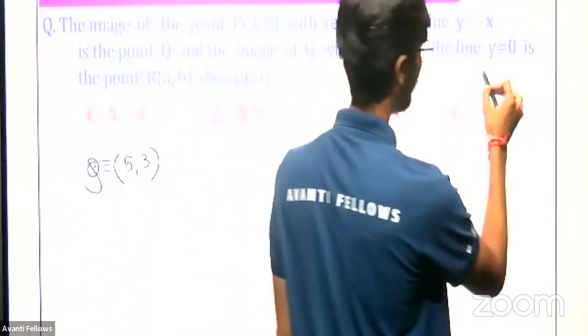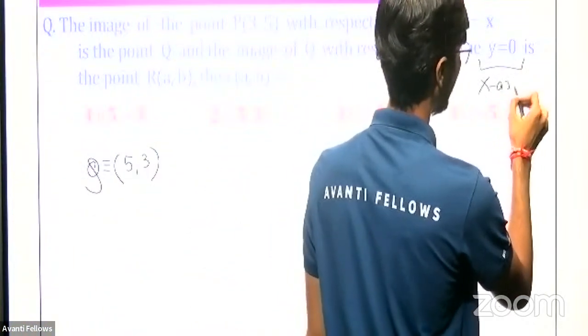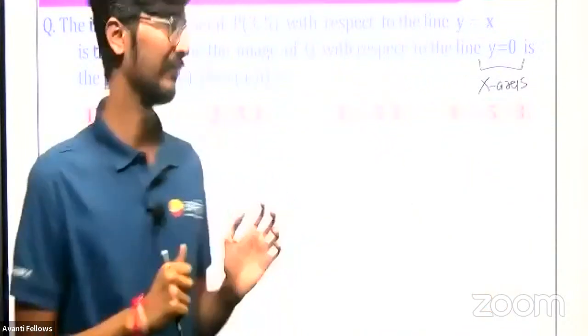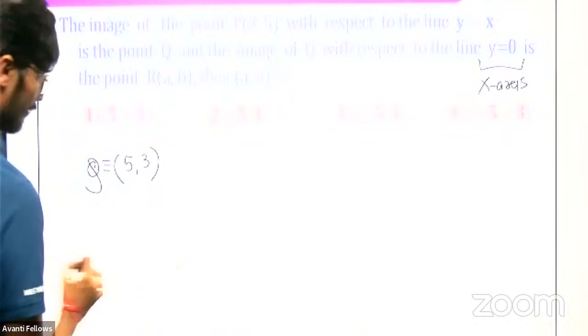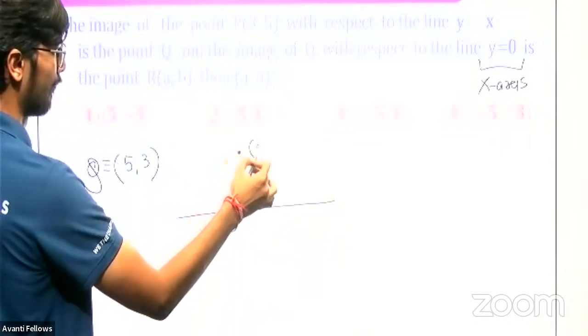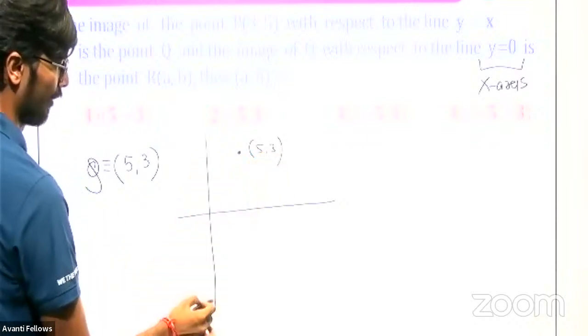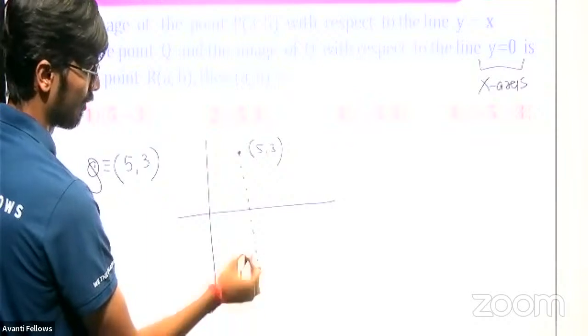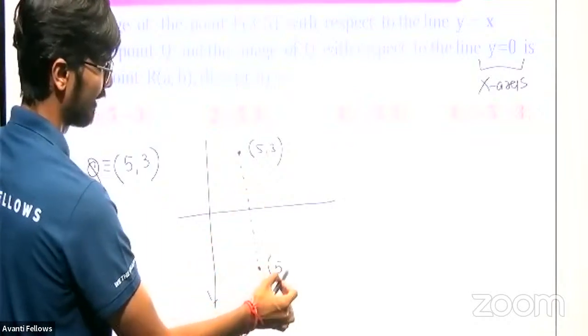Now y equals 0 means, guys, it is the x-axis. Let's say this is the x-axis and this is the point (5, 3). This is the y-axis. If I take its image, only the y coordinate will change.